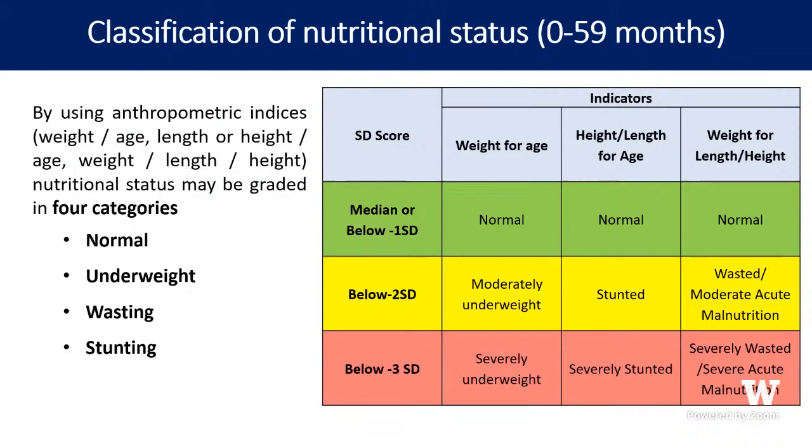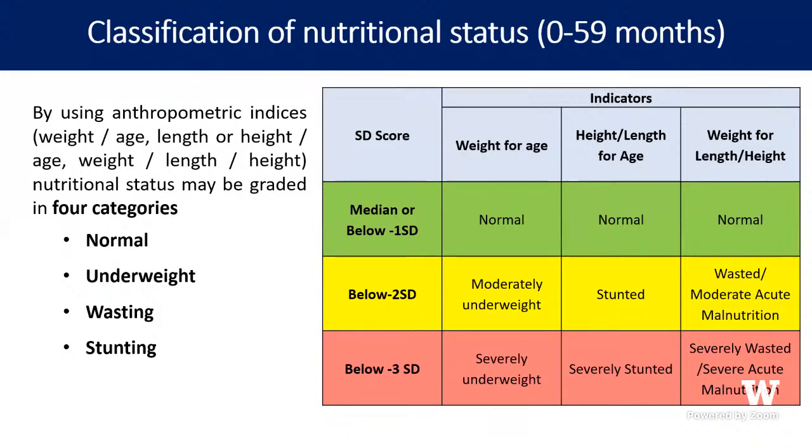I'll take the same example of a child 1 year old. When we say it is normal, the weight was 10 kg, height was 70 centimeters. Suppose it is moderate malnourishment, the child's weight is around 6 to 7 kgs, and the height is around 50 centimeters.